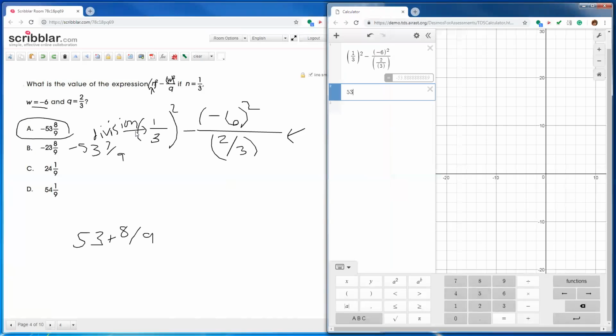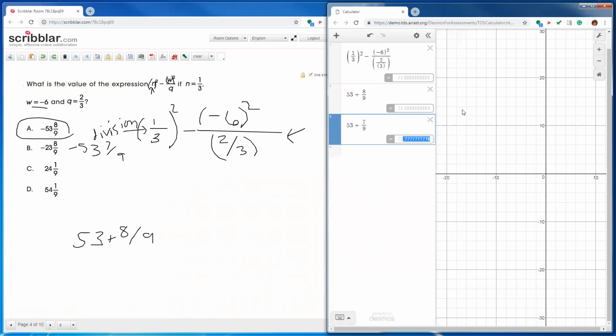Do 53 plus 8 divided by 9. I keep wanting to hit equal, but you don't have to hit the equal sign. And you'll see those matched exactly. If we typed in the 53 plus 7 divided by 9, it didn't match. So sometimes they might have a match and you'll have to convert it to see, did this actually work?